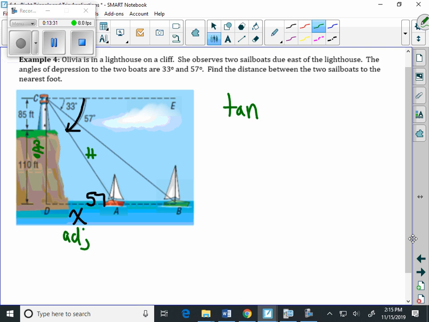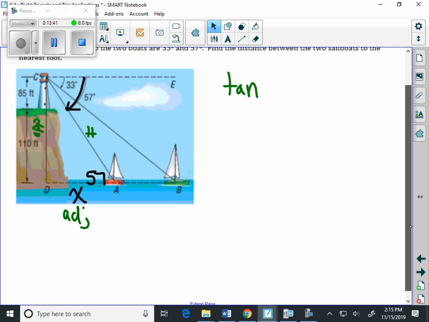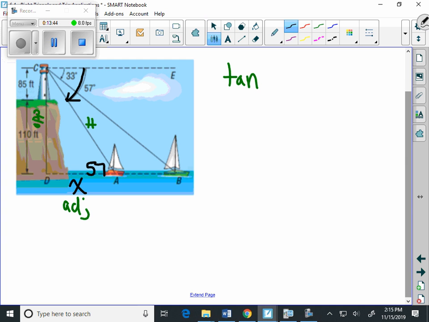But the other piece of information that we need here is the distance between the cliff and the lighthouse. It's labeled, but the height of the cliff is 110, and the height of the lighthouse is 85. So 110 plus 85 is 195. And that's the length from C to D, right there. And we need that whole thing.